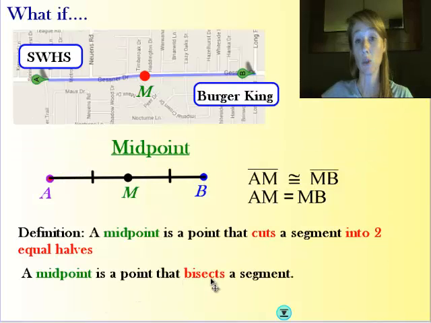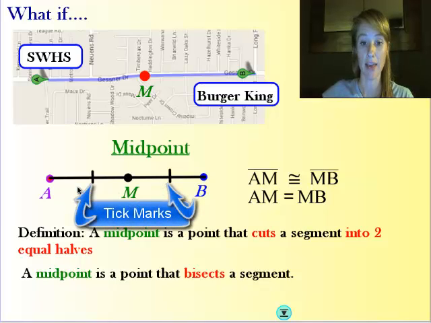Before we move on, let's do a little review. Point A, where you start, and point B, where your friend starts, can be endpoints along a line segment, which I've expressed here, with point M being the midpoint, exactly halfway between the two endpoints. Remember, I have tick marks to tell me that segment AM is congruent to segment MB.